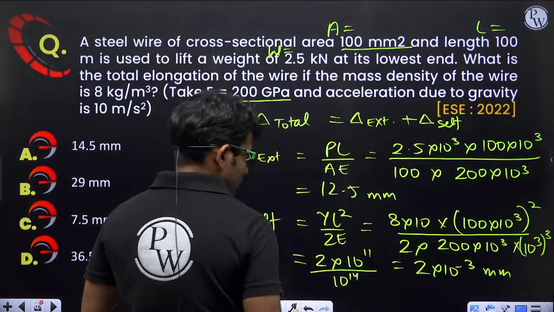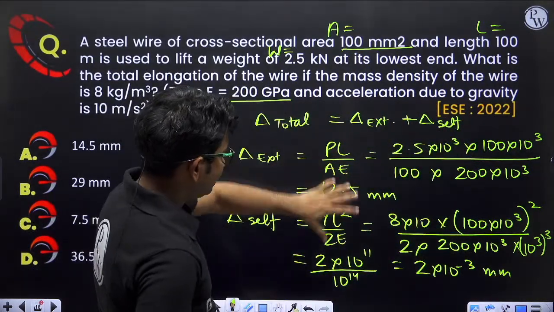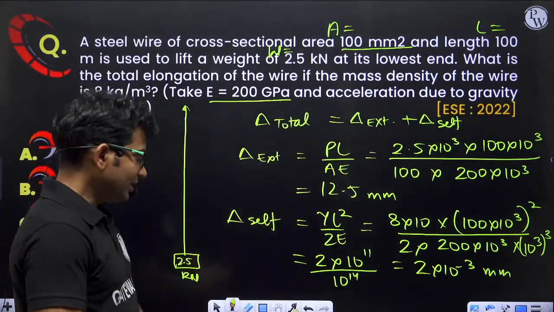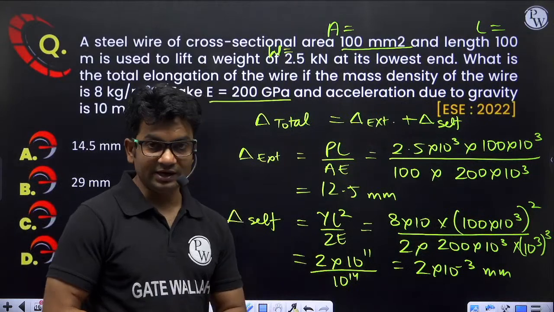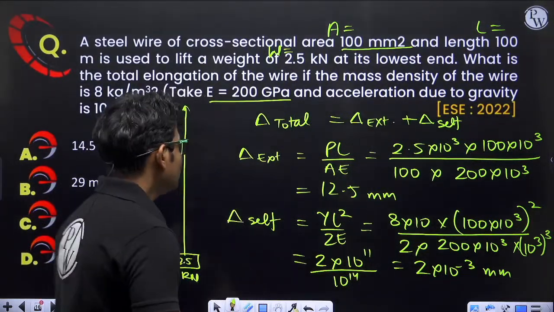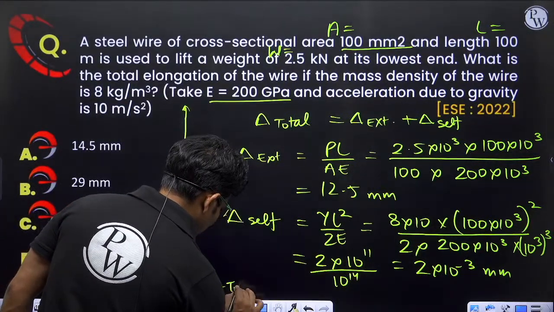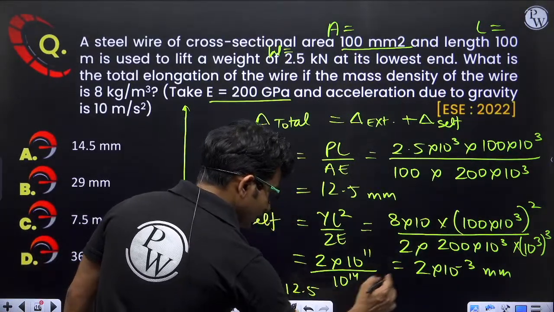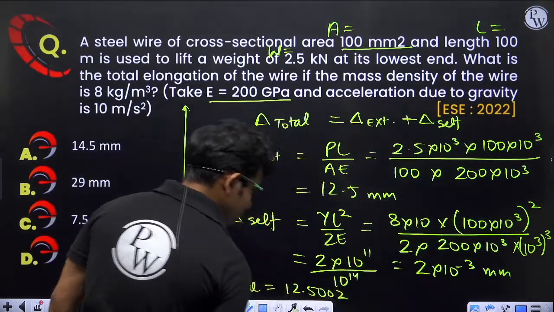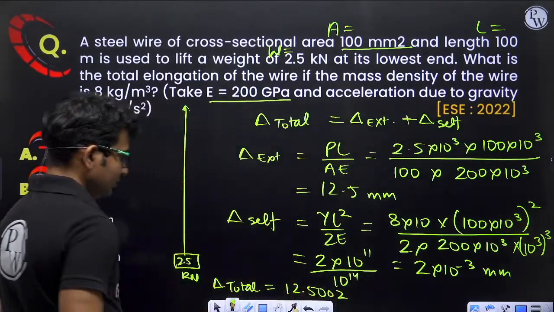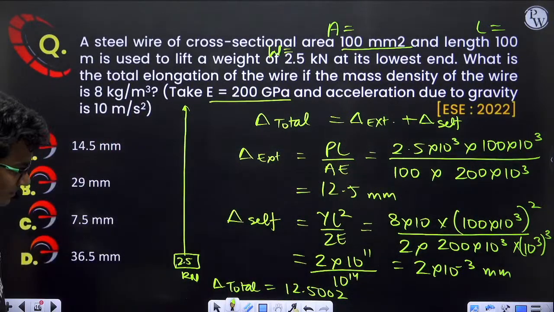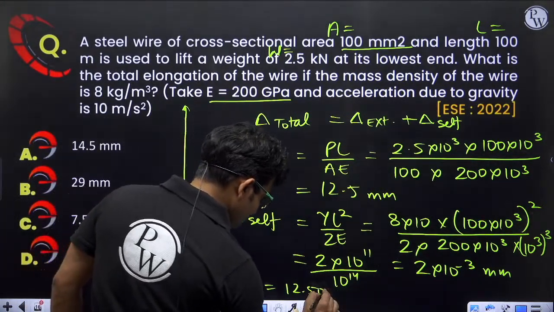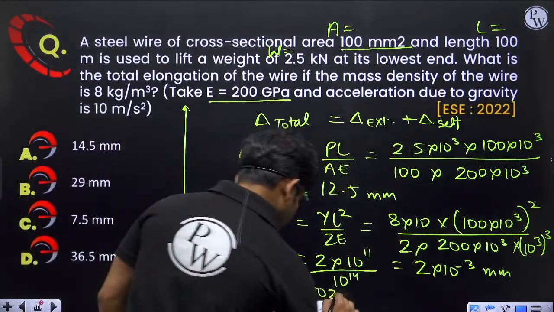If we add them, it will be approximately 12.5 mm only. Elongation due to self weight can be neglected. It will be very, very less. So delta total will be 12.502 mm.